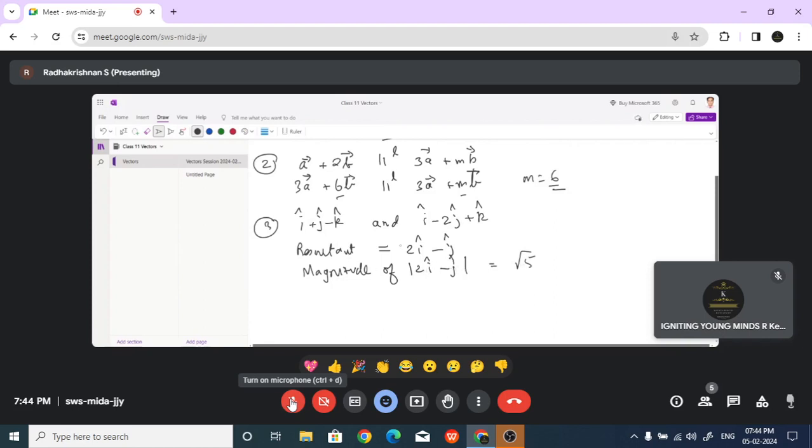So you divide by root 5 to get the unit vector. Therefore, the unit vector parallel to the resultant is 2 by root 5 i minus 1 by root 5 j.